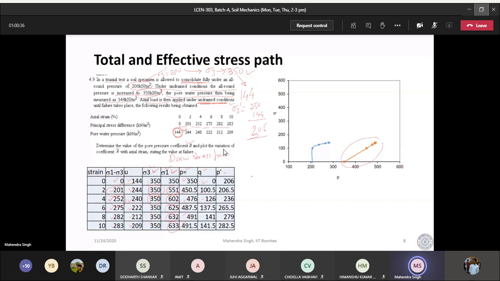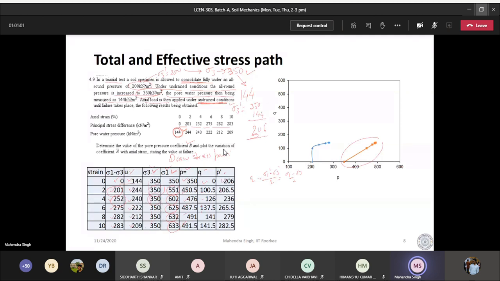Q will remain the same because sigma 1 dash minus sigma 3 dash by 2 and sigma 1 minus sigma 3 by 2 are equal. So you have to calculate the sigma 1 dash and sigma 3 dash values. You have the pore water pressure, so sigma 1 minus U is sigma 1 dash, and sigma 3 minus U is sigma 3 dash.